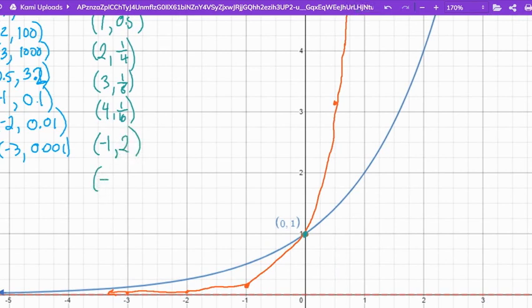How about if x is negative 2? So then we're going to have 1/2 to the power of negative 2. What's that going to give you? That's 4. What if x is negative 3?